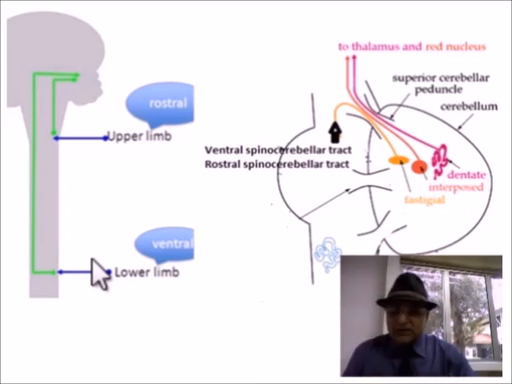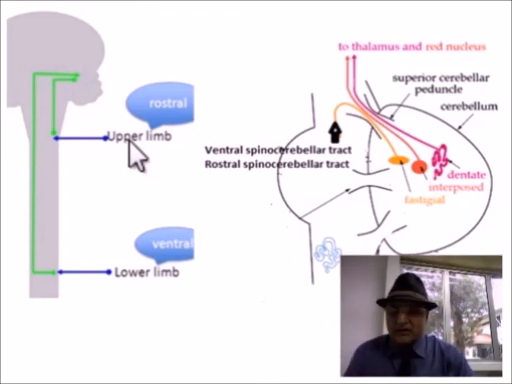This anterior spinocerebellar tract carries the sensation of crude touch and pressure, and this tract goes to the spinocerebellum of the same side through the superior cerebellar peduncle. The rostral spinocerebellar tract is the tract of the upper part of the trunk and upper limbs, and this is like the anterior spinocerebellar tract.